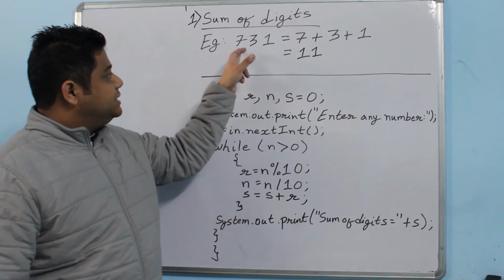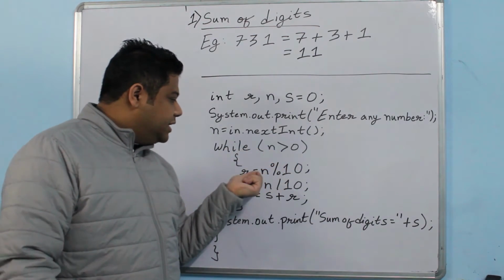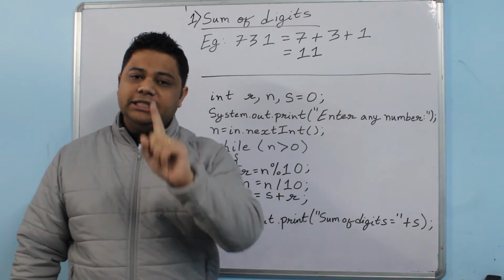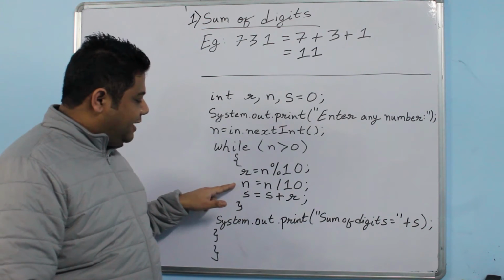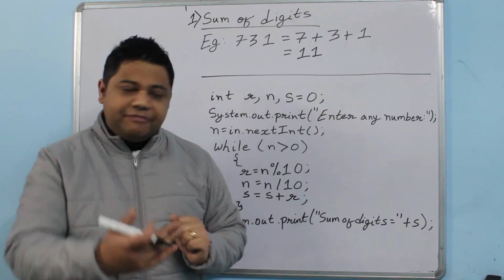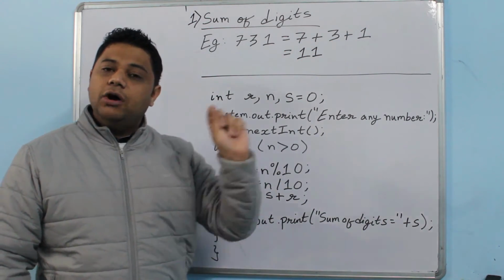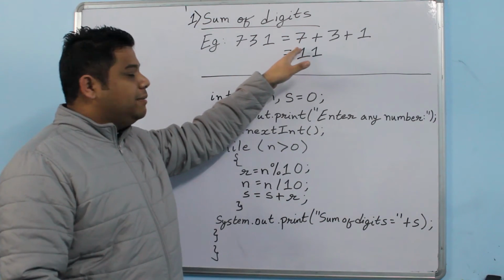Now, if you take this example 731, what will happen? The value of R will be 1, because 731 modulus 10 is 1, and the value of N will be 73. So S will be S plus 1. After that, the value of R will be 3. Then S is already 1, and 1 plus 3 is 4. Then the value of R will become 7.